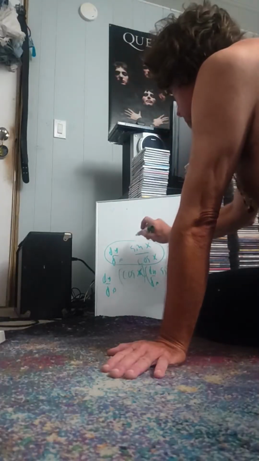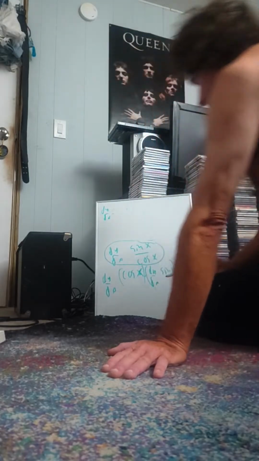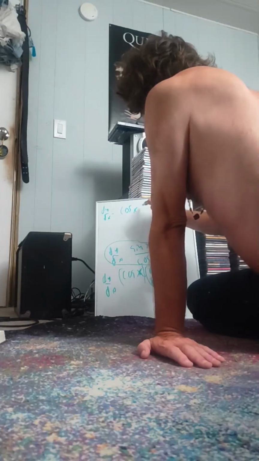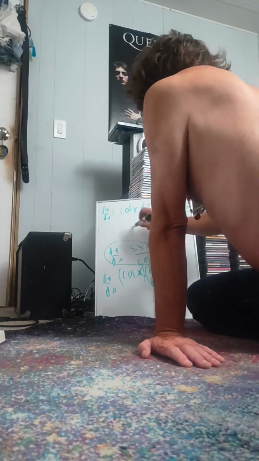So by the quotient rule, we have dy/dx equals cosine x times the derivative of sine x, minus sine x times the derivative of cosine x, all over cosine squared x.